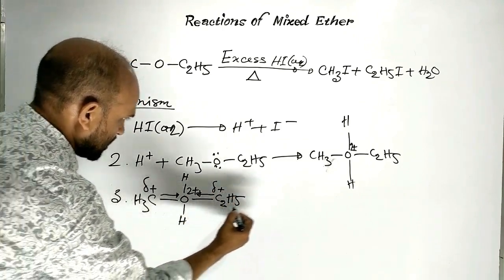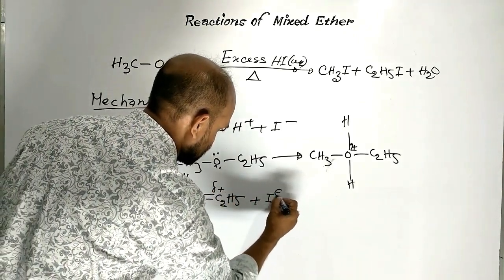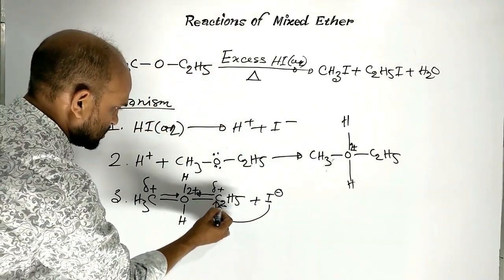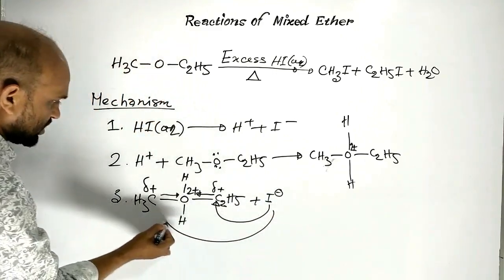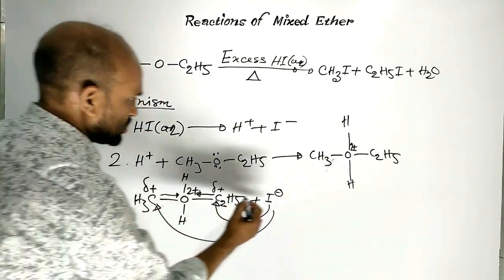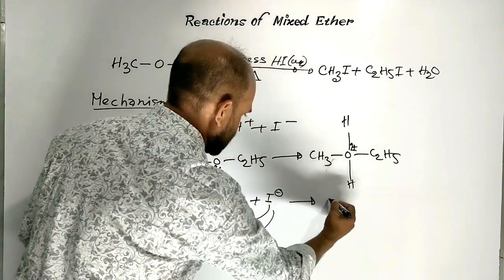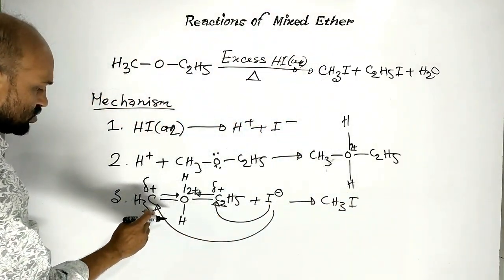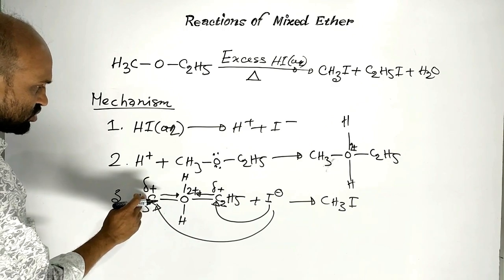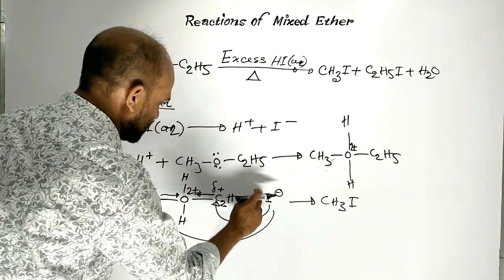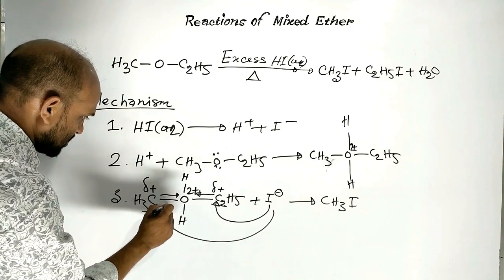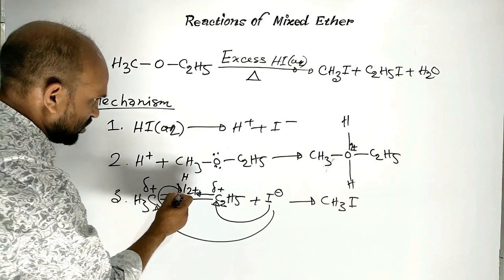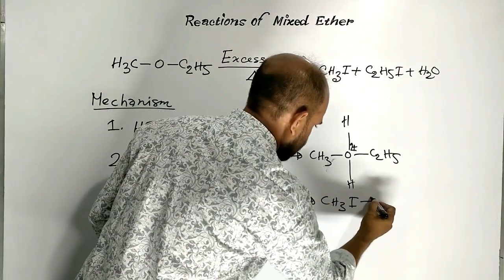So, excess iodide ion attacks this carbon, to form this compound, methyl iodide. When methyl group carbon is attacked by iodide ion, then carbon oxygen bond suffers heterolytic fission to form methyl iodide.